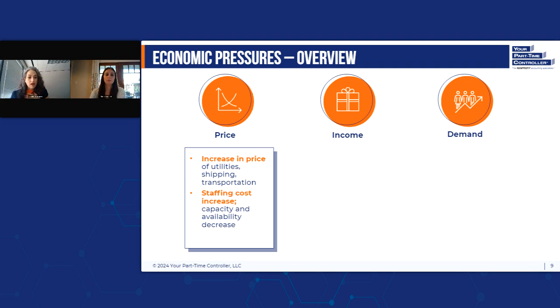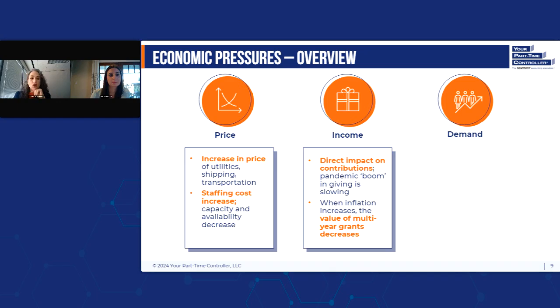So data, now we're going to get into income, and data from one study showed that contributions to nonprofits on average will decrease about 0.5% in an economic down year, and increased 4.7% in an economic up year. So you might be seeing some of this already at your organization.